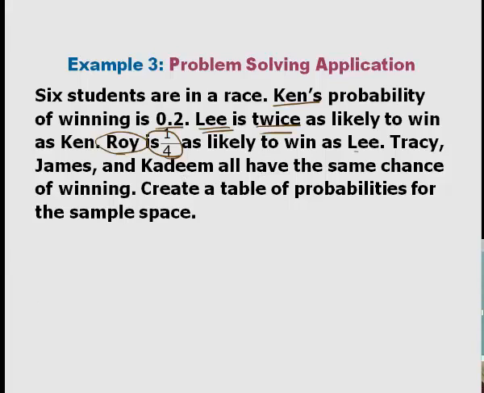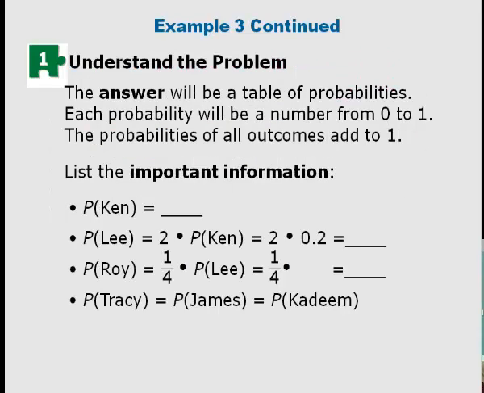So let's create a table first. Ken had a 2/10 chance of winning. Lee had 2 times Ken's, so 2 times 2/10, which is 4/10. Roy had 1/4 of Lee's probability.